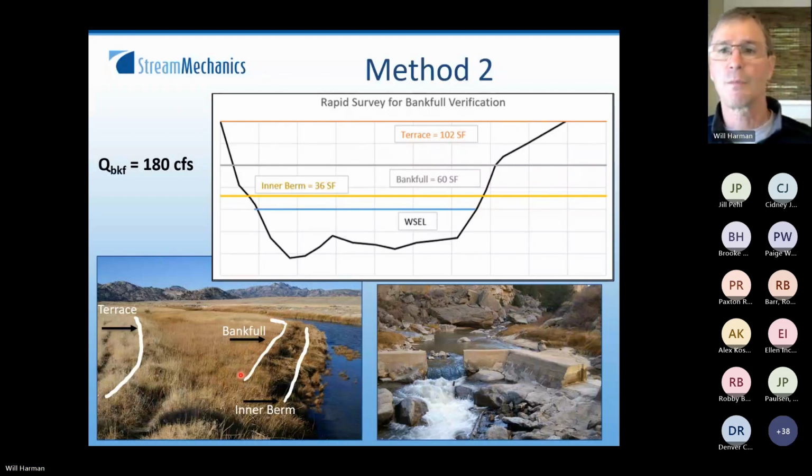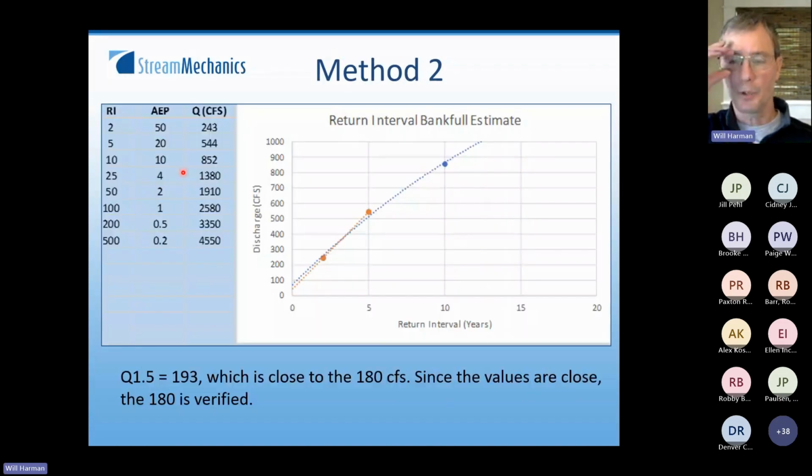alteration? So we plot, we do our cross section, and we determine that for this feature, the cross-sectional area is 60 square feet, which then from our slope and bed material, we can estimate a discharge at Bankfull of, for example, 180 CFS. So then we can go through the flood frequency analysis, and most of those, if you just pull this from USGS or something, usually they're going to start at a 2 year.